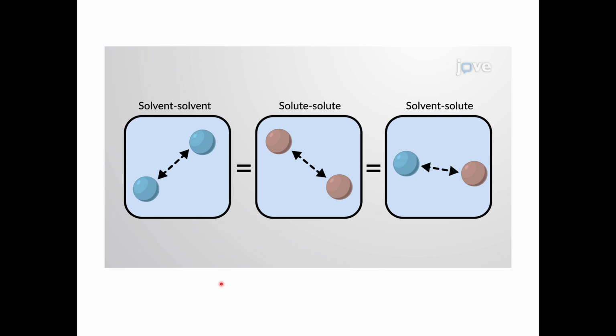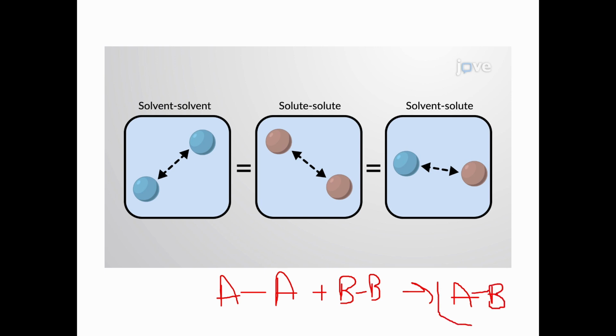Now we have our visual to represent ideal mixtures, or ideal solutions. So let's throw some letters into them. A to B represents your ideal mixture, and the intermolecular forces in this mixture are the same as the intermolecular forces in pure A, and the same as the intermolecular forces within pure B. So that means when it comes to forming ideal solutions, there are no enthalpy or volume changes.